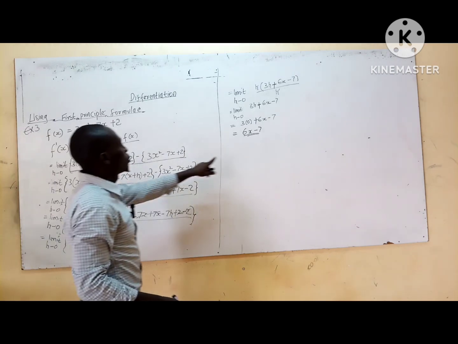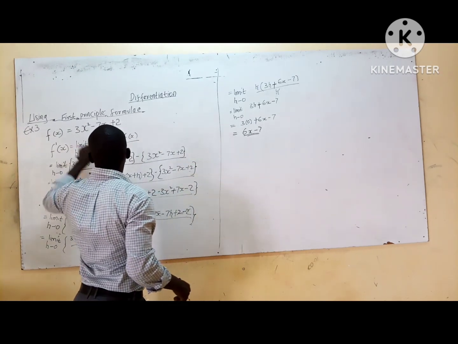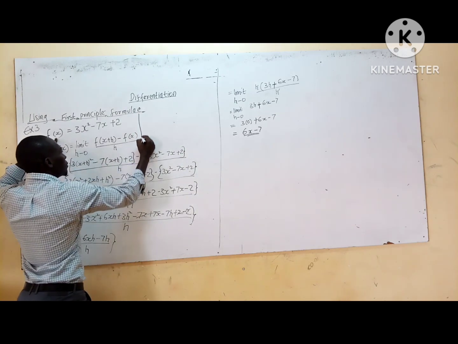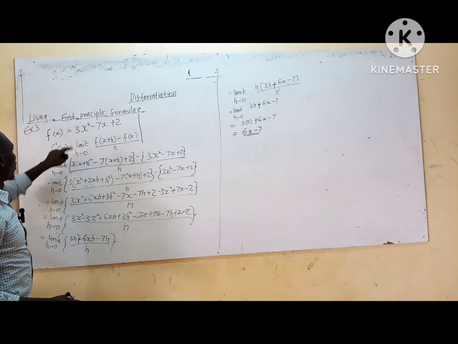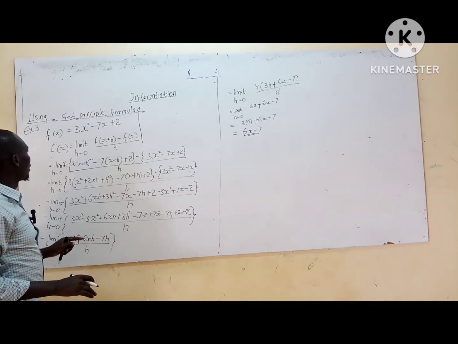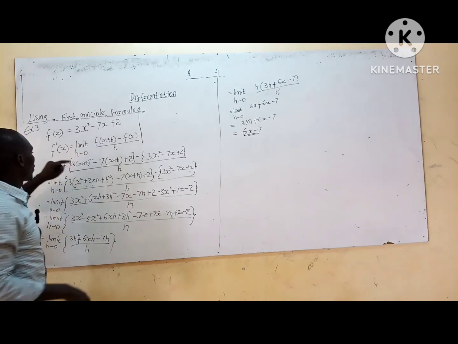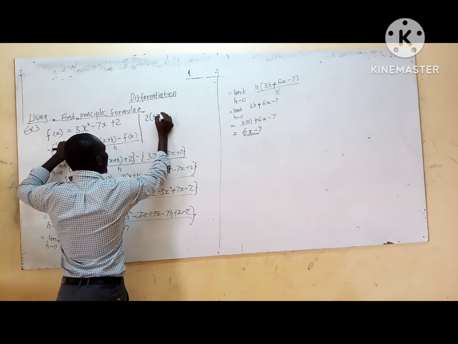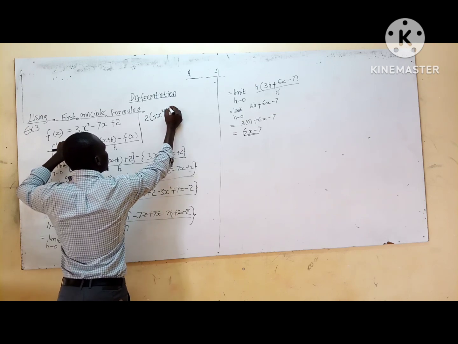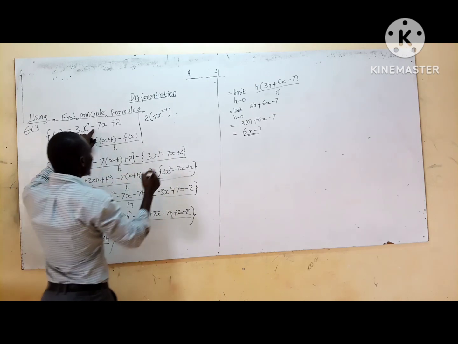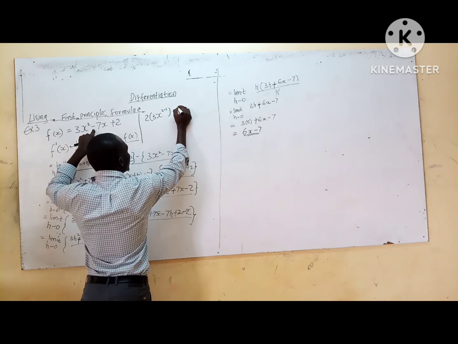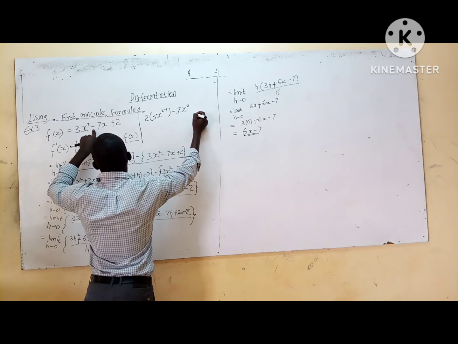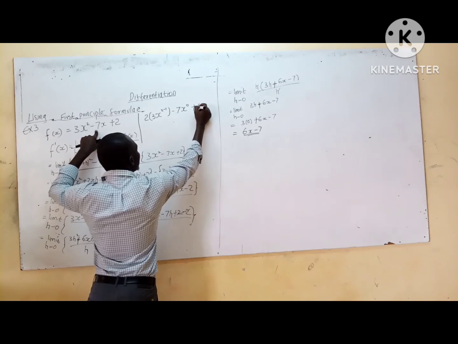Now, for us to prove that this is the answer, let us come to the function, the one that was given earlier, and check what if we do a normal differential. In a normal differential, we are going to have this one as 2 into 3x to the power 2 minus 1, subtract from 7x raised to power 0, plus 0.